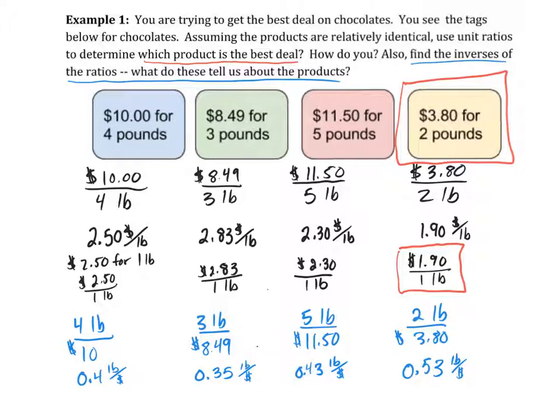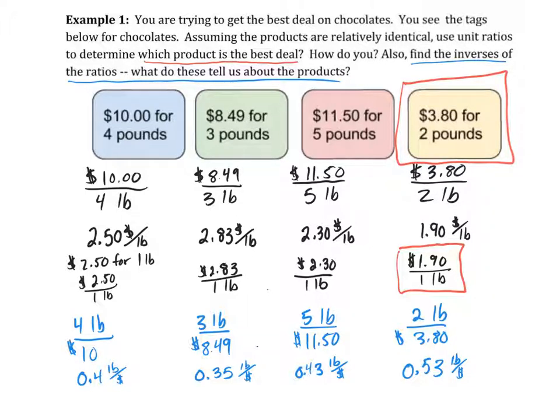So I went through and found the unit ratio. I just did the division, 4 divided by 10, 3 divided by 8.49, and so on, and I got these values: 0.4, 0.35, 0.43, and 0.53. We really need to think about the units on these. If we divided 4 pounds, a quantity of pounds, by a quantity of dollars, then the quotient we get, 0.4, has a unit of pounds per dollar.